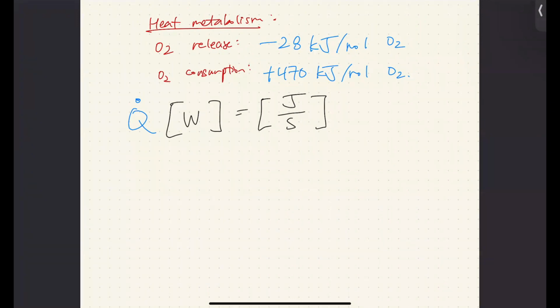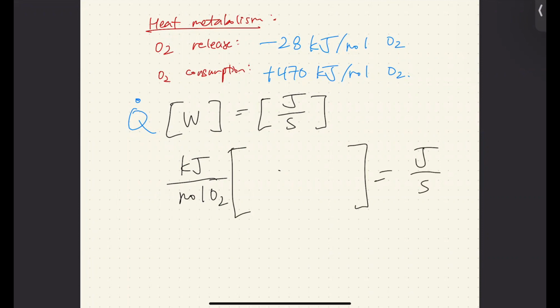If we actually look at the units, we have kilojoules per mole O2. What do we need in this box to get joules per second? We need some mole O2 per unit of time.